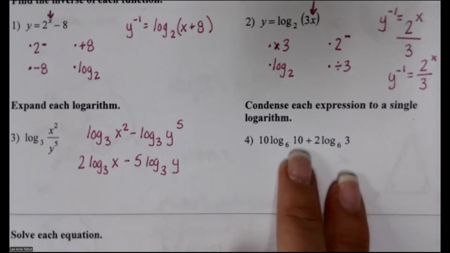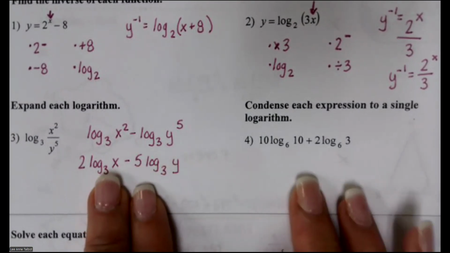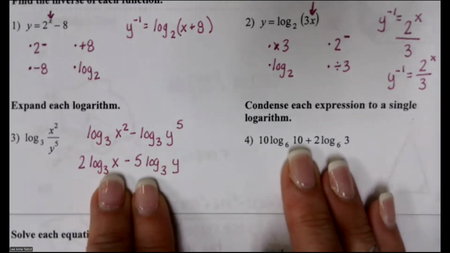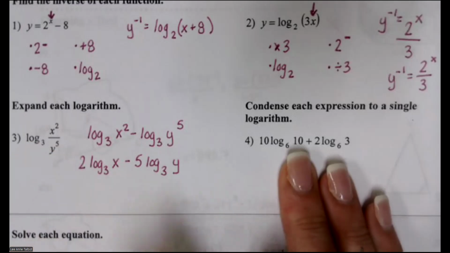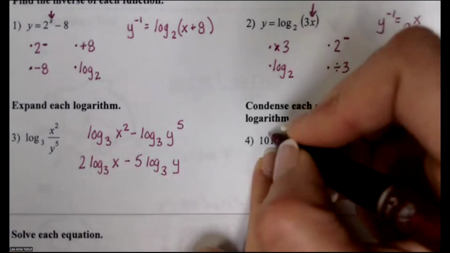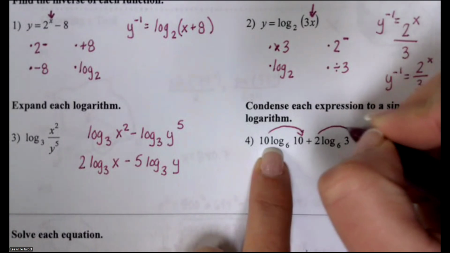Okay, so now number 4, we're going to do the opposite. So here the answer becomes the problem, and then we're going to go backwards. So first step is to put the exponents back.